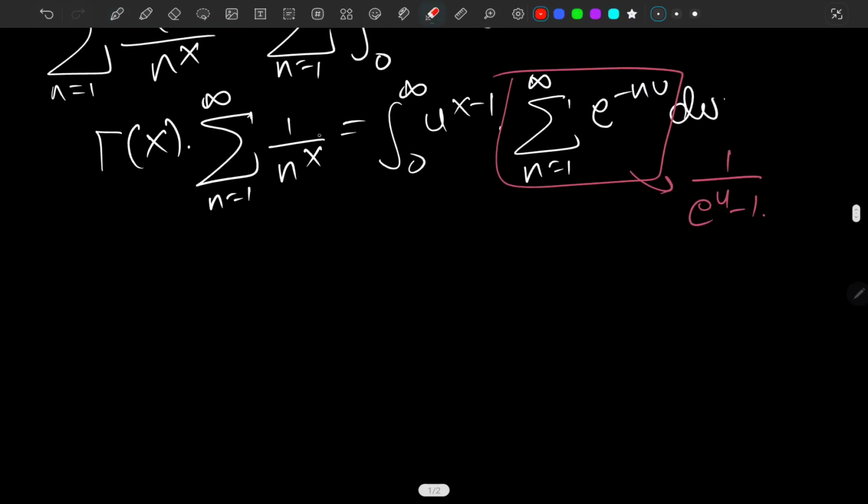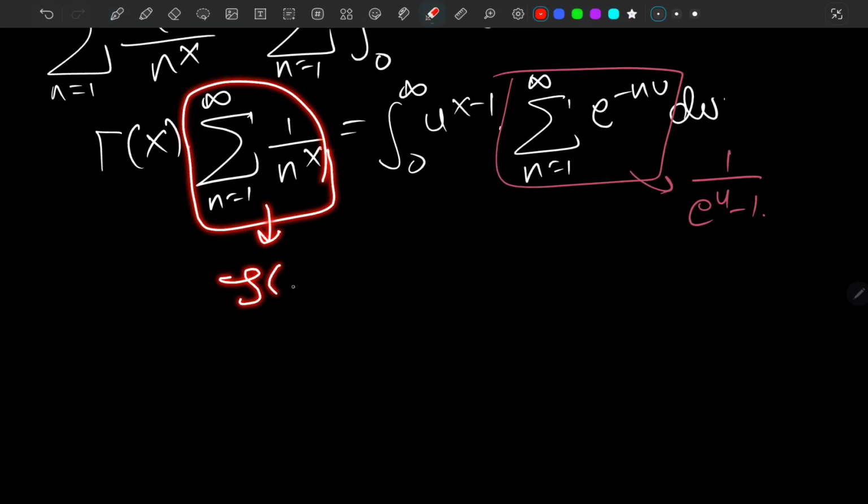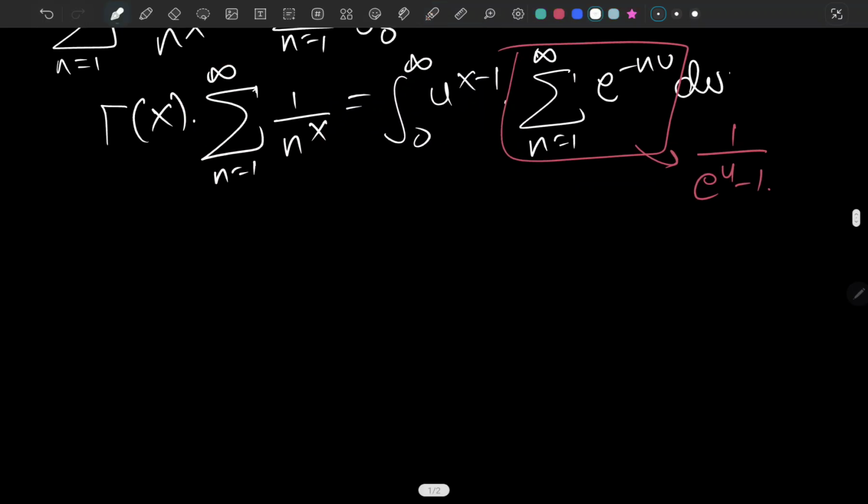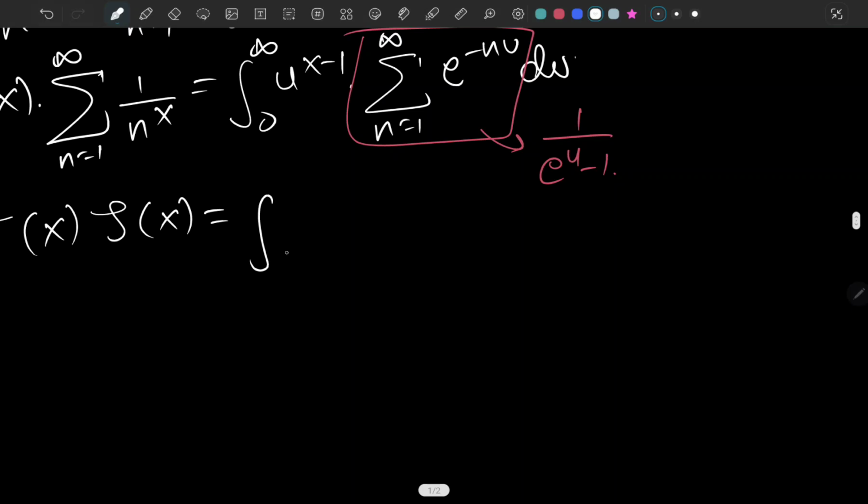And since this is the Riemann zeta of x, we can replace that over there. So gamma of x times the Riemann zeta of x equals the integral from 0 to infinity of u to the x minus 1 over e to the u minus 1 du.